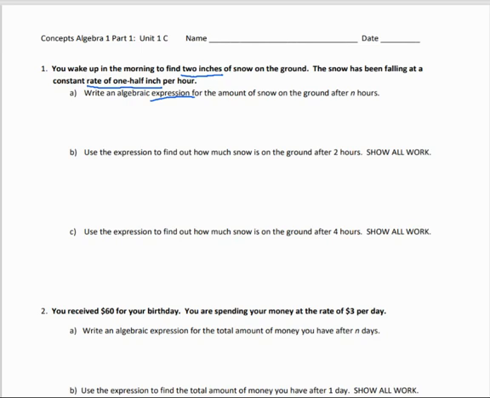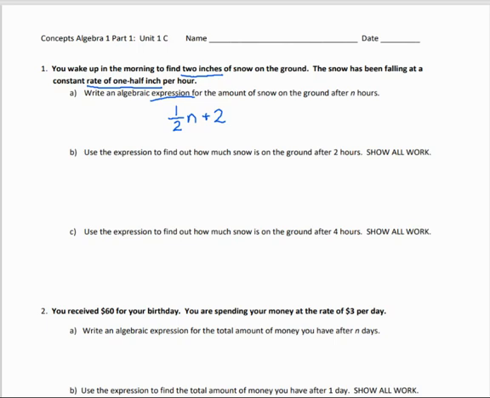What this is saying is that we have 1/2 times n plus 2. So n is our hours. Each hour, which is n, we are getting 1/2 inch. So 1/2 times n will tell me how many more inches I'm getting, plus we have the original 2 inches that was on the ground.